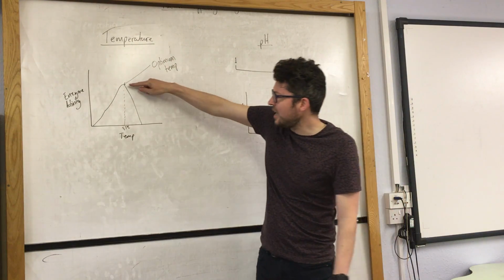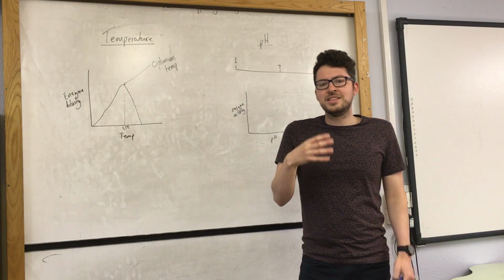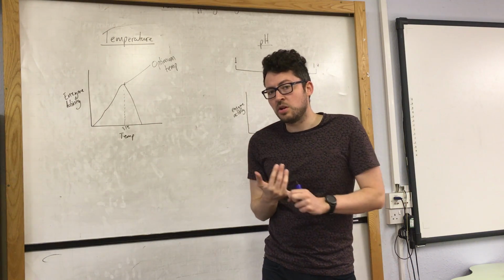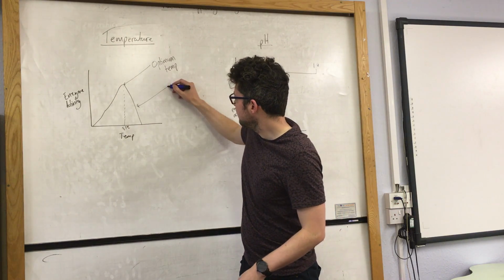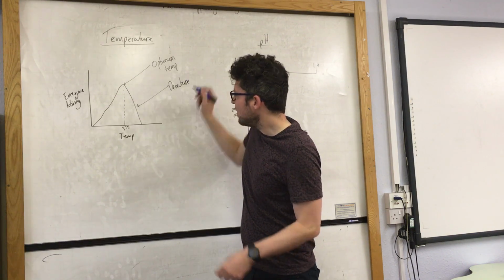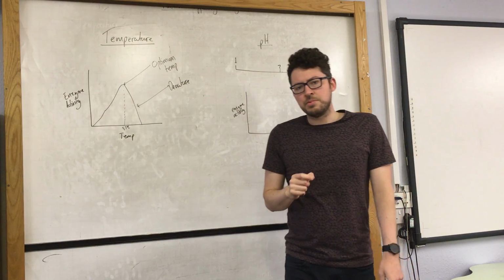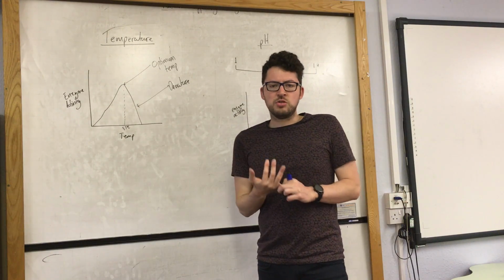Now the reason it goes down is because after that point, the enzyme structure is changed because bonds are broken within the enzyme. And we call this denature. So the enzyme has broken down, changed shape. Now, think about the last video I posted about enzyme structure and function.